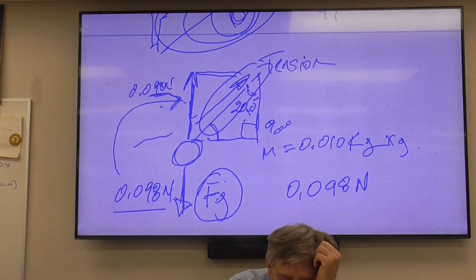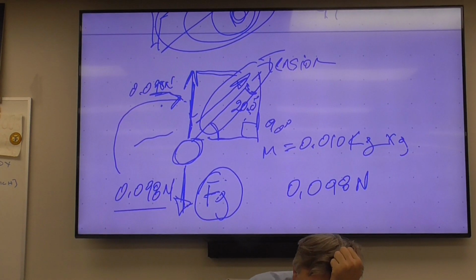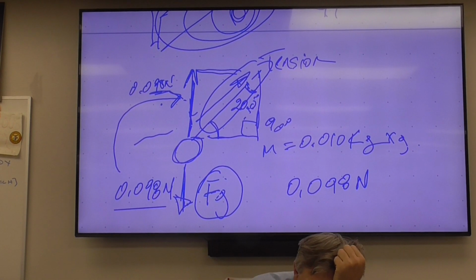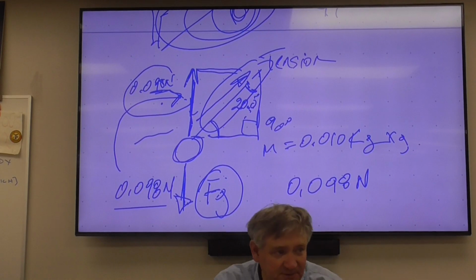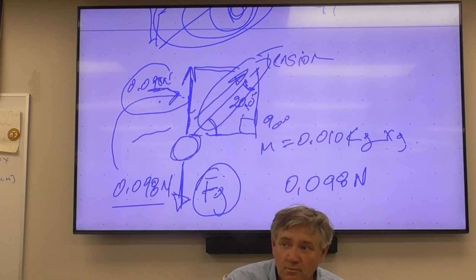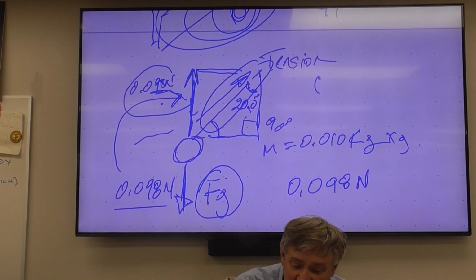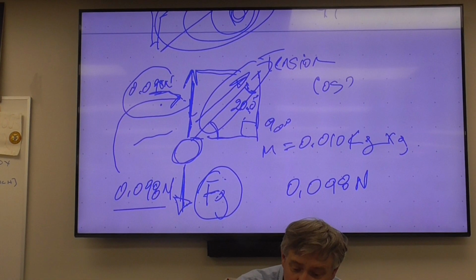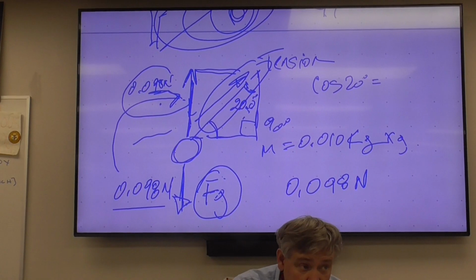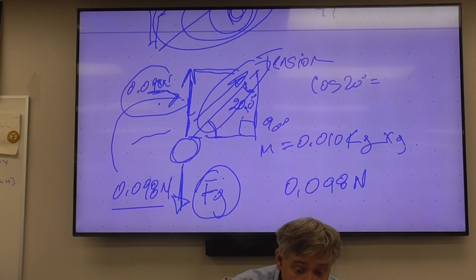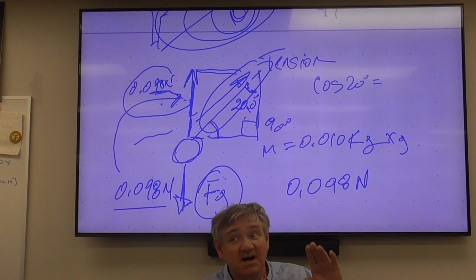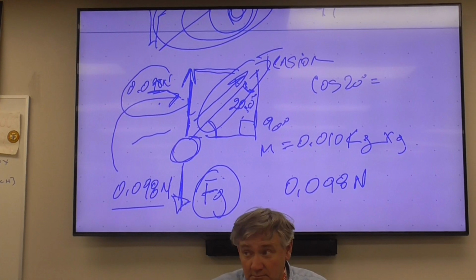So, here's my question. If this is 20 degrees, how can I find the tension? What would I do? Cosine. So the cosine of 20 is going to equal, cosine is what over what?